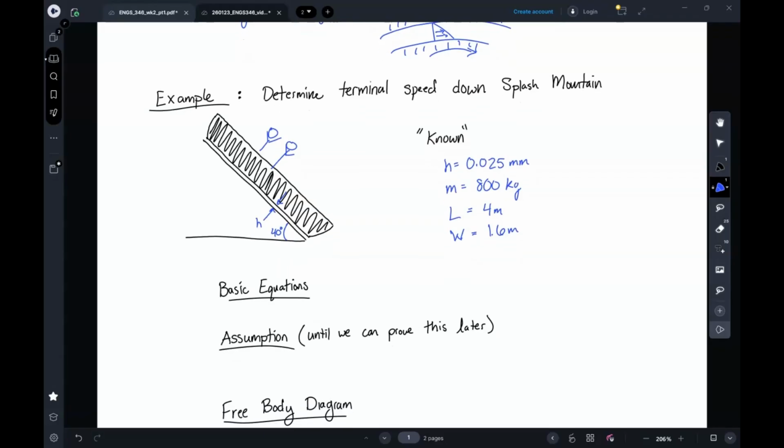So the basic equations that we have are the sum of all the forces equals mass times acceleration. Right? These are vectors.